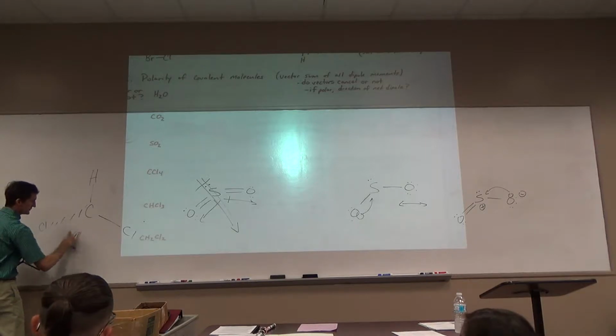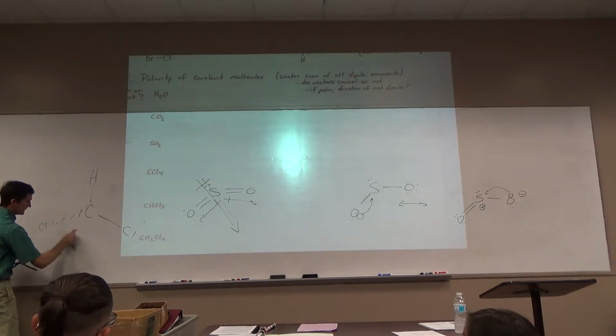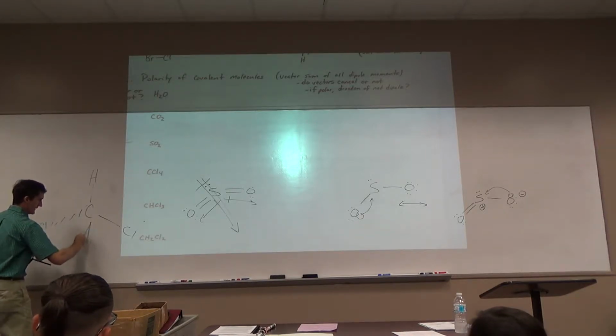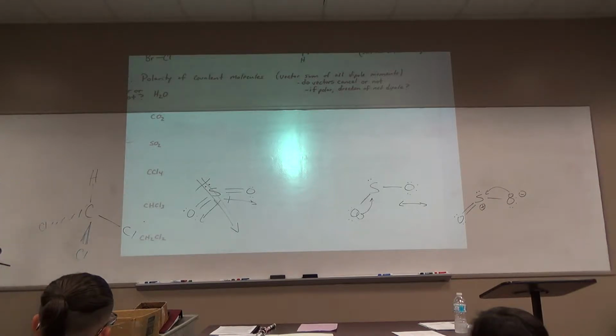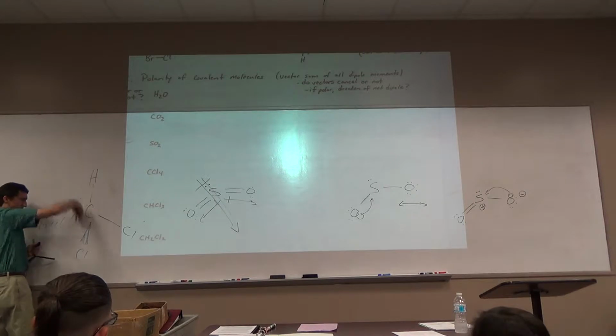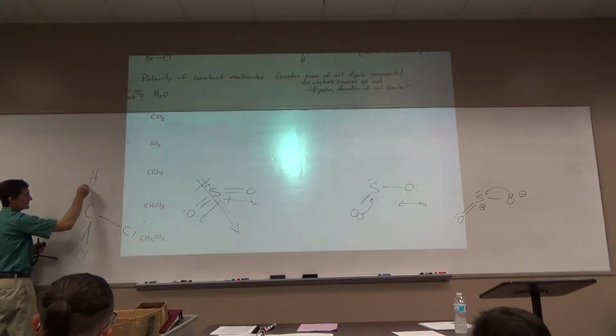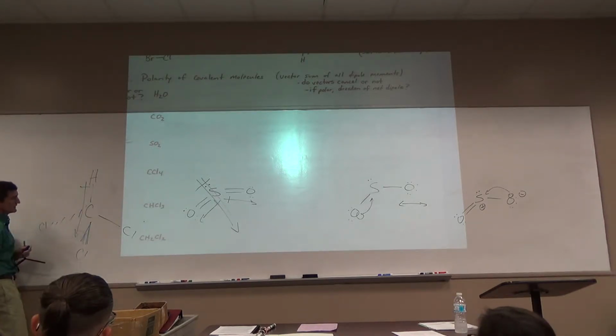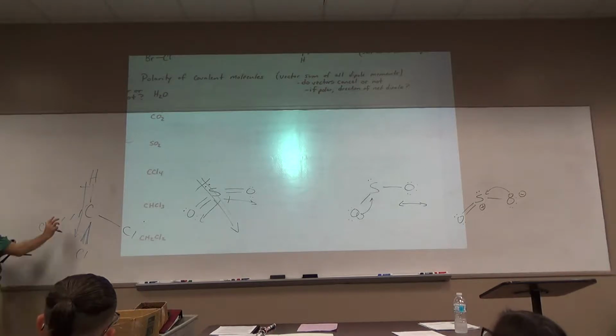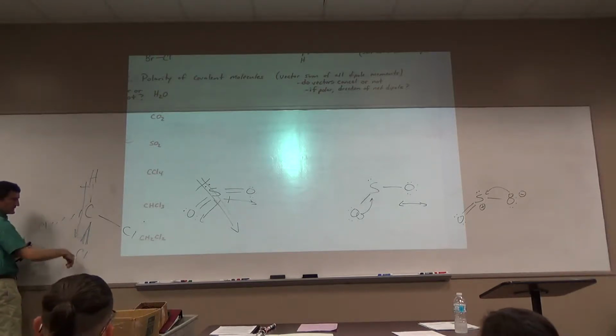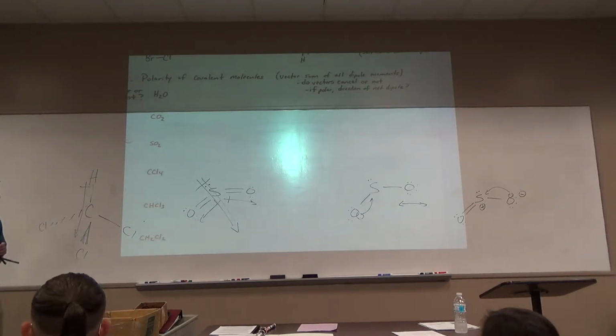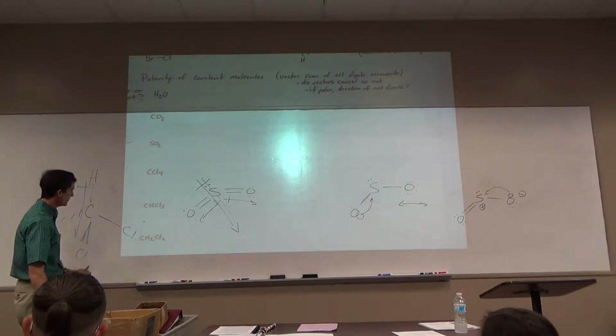And maybe if I redrew, you could maybe try to make it. But then it's sort of straight down through there, and then I don't know how you're going to draw the one that's in the plane, sort of straight down. You've got to get a little handle on that. But it is a polar molecule.